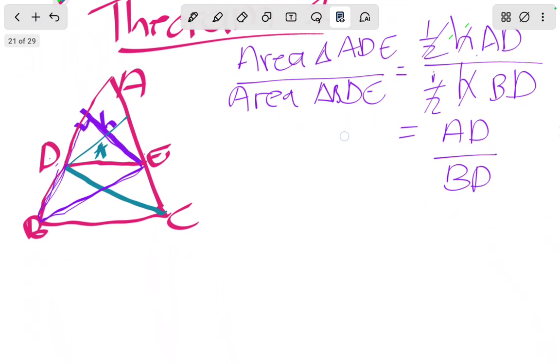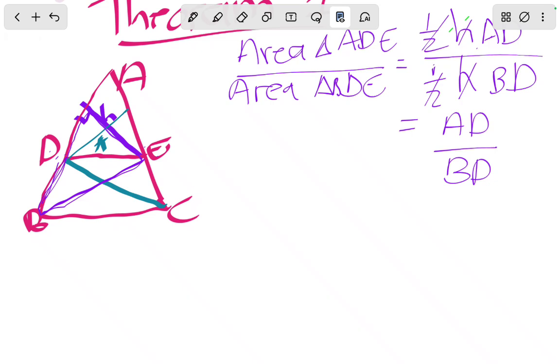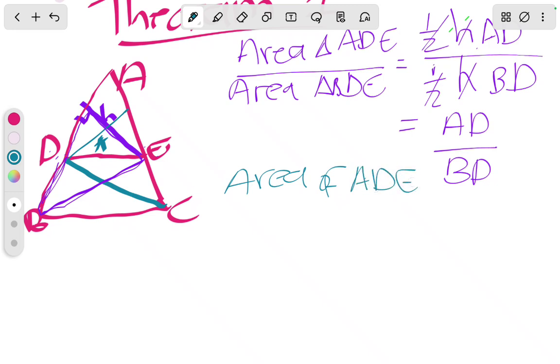Now we move to the second part of our writing. Let's go to the blue triangle. We're going to say the area of the top triangle again, triangle ADE, excuse my handwriting, divided by the area of triangle CED.